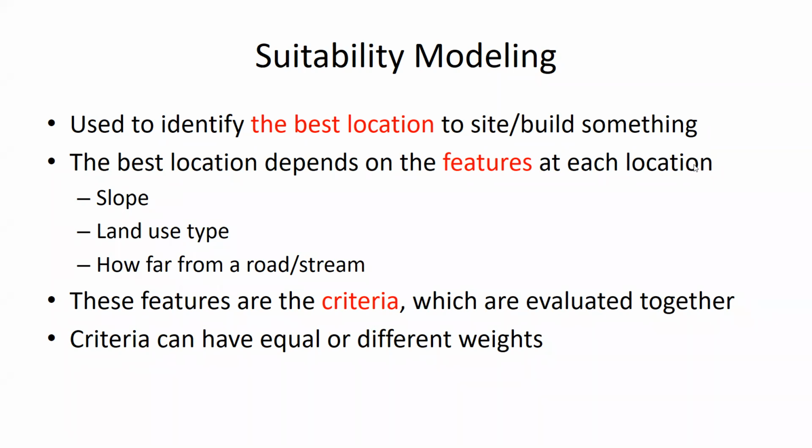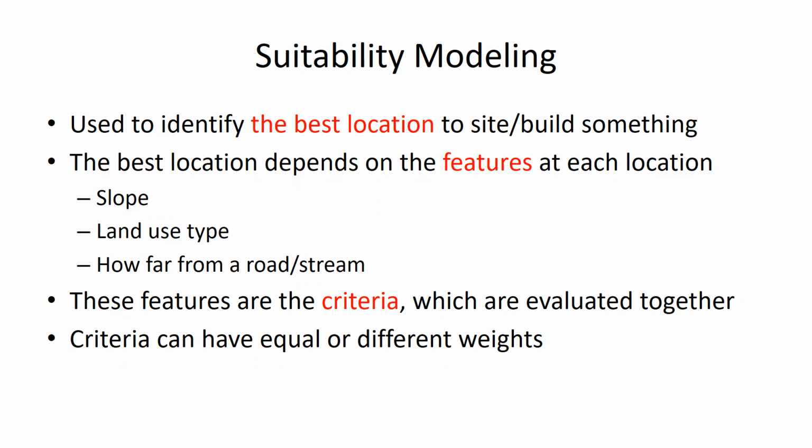If you're trying to preserve habitat for an endangered species, you know the parameters, and you know the features that that species needs in order to best survive, right? So for example, you know which slope a specific tree species likes, the land use type, how far from a road or a stream it needs to be.